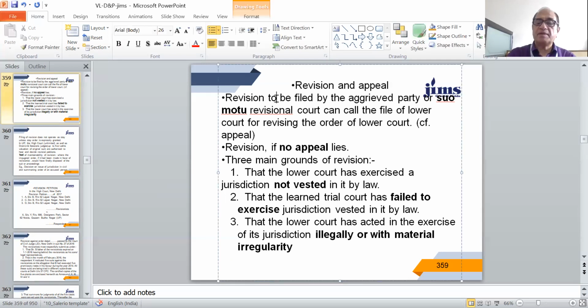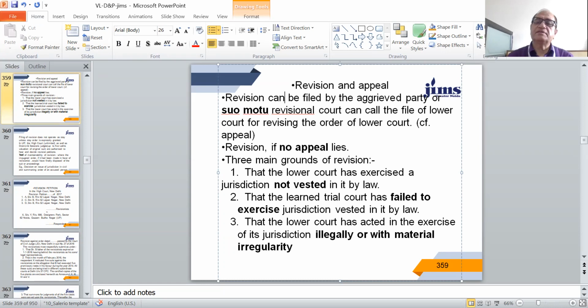So revision can be filed by the aggrieved party, or the court can suo motu take cognizance of the matter and start hearing the revision petition. Now the question is how the revisional court will come to know that the lower court has committed some error.